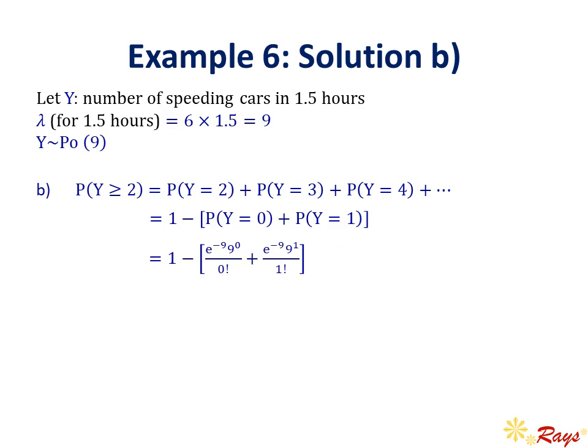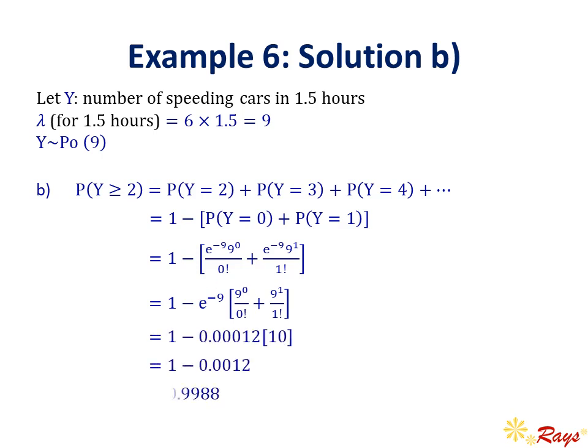This is our formula after we substitute the values in. To make our calculation easier, we can factor out e to the power of negative 9. And this is our final answer.